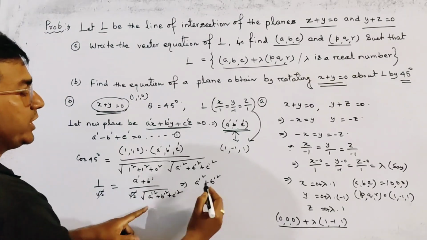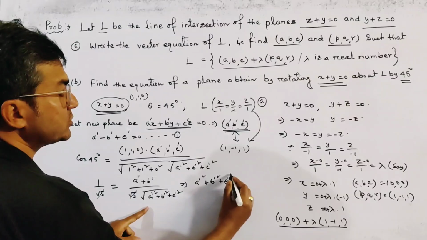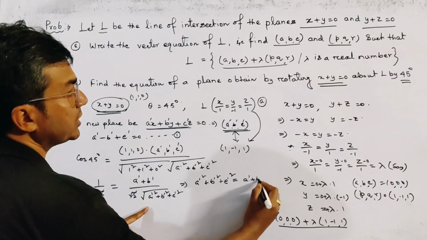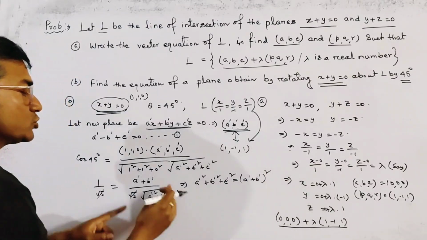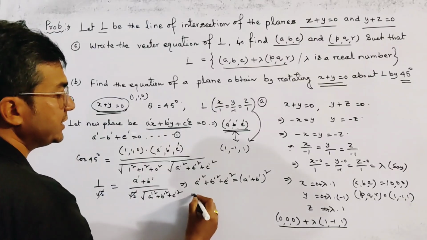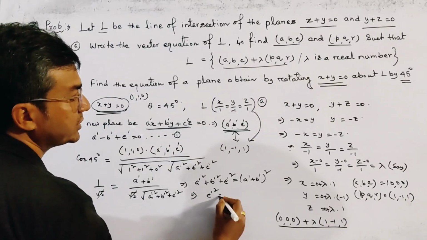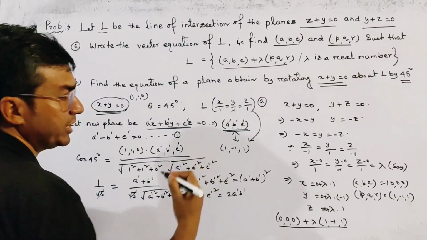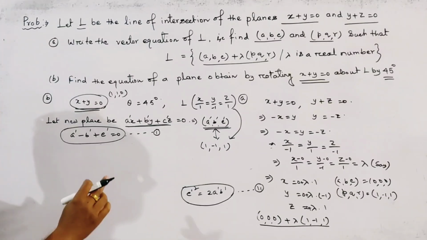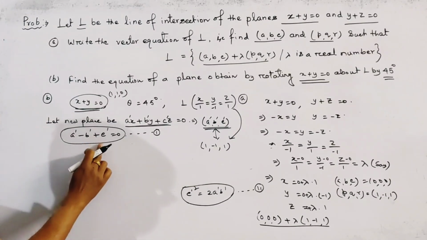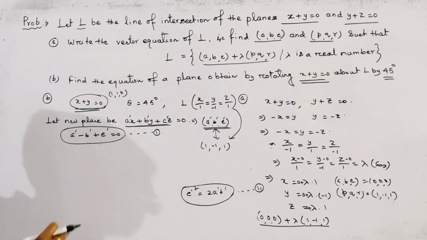From this relation, by squaring both sides, we get a' square plus b' square plus c' square equals a' plus b' whole square, and getting the relation c' square equals 2a'b'. Right? Here we get two relations, 1 and 2, containing 3 variables.